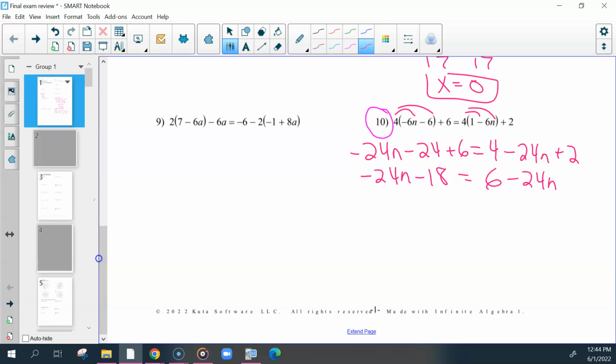So looking at this one, we have the same coefficient, the number in front of n, but different constants. Without doing anything else, I know this is going to be no solution, but we can work it out just in case.